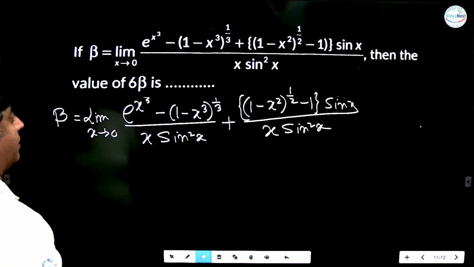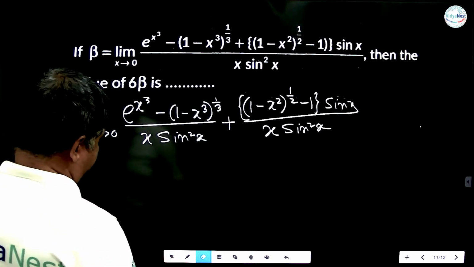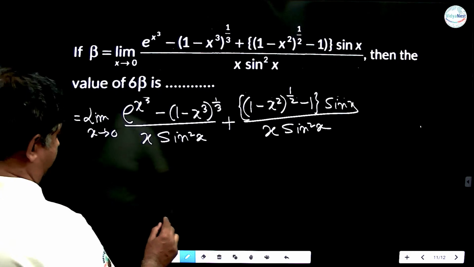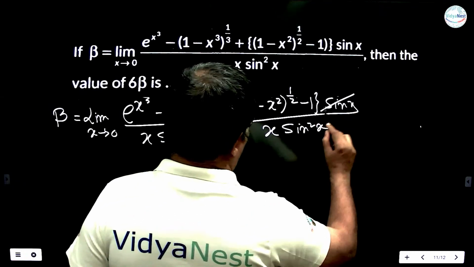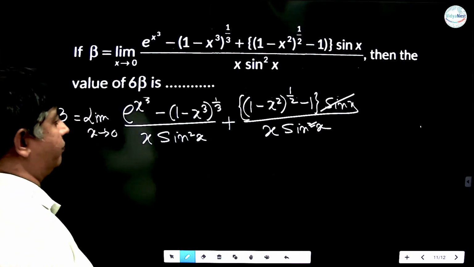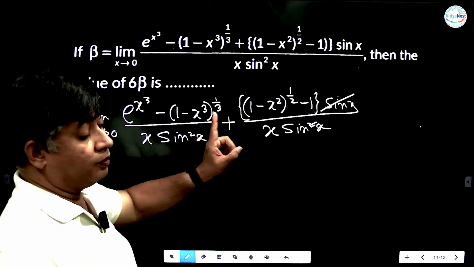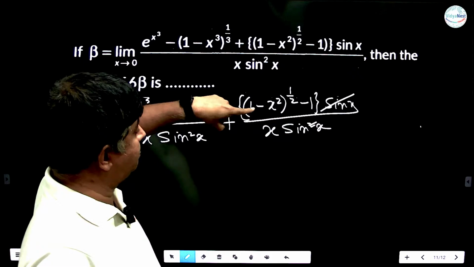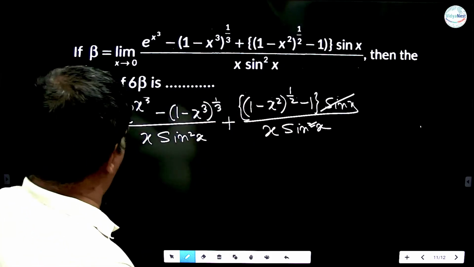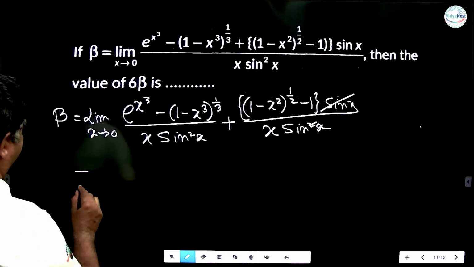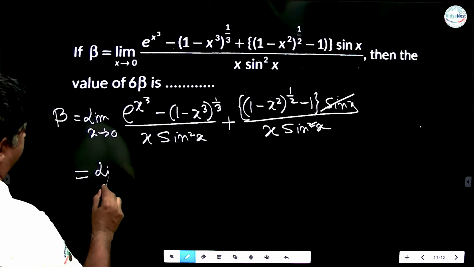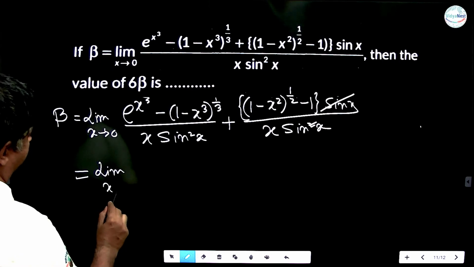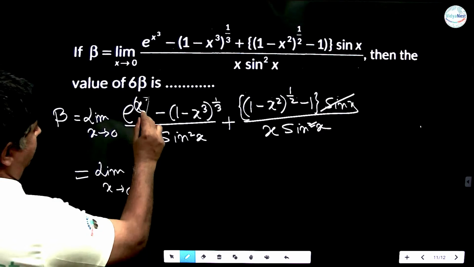See how to expand. One minus sin x gone. And what is left? Here rationalization is possible because power is half, meaning it is a square root. E to the power x cube.